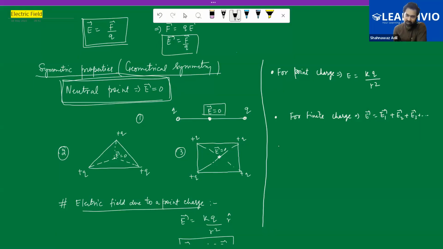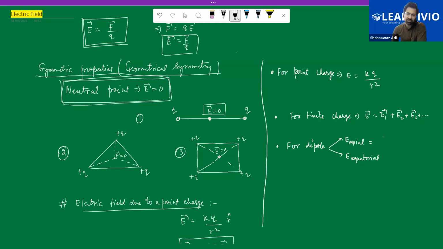And then you have also learned what the electric field is for a dipole. For a dipole, you have 2 points, right? So you have electric field axial and electric field equatorial. How much is E axial?